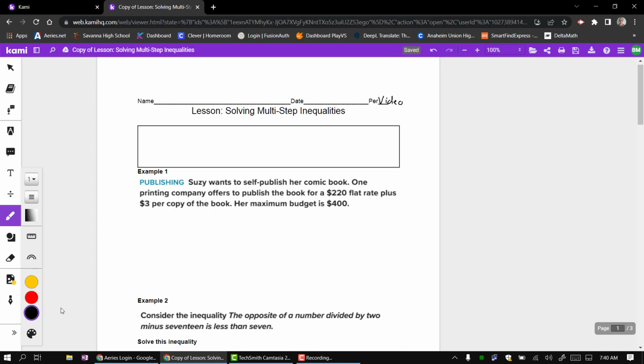So let's take a look at the steps that we're going to use in solving multi-step equations. So let's start off with step one.